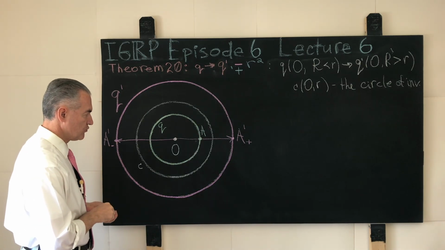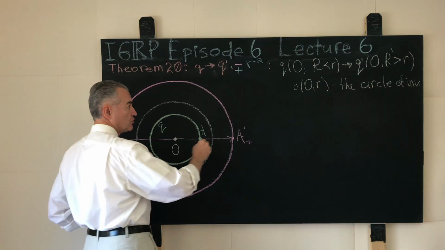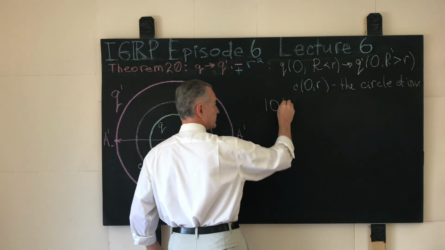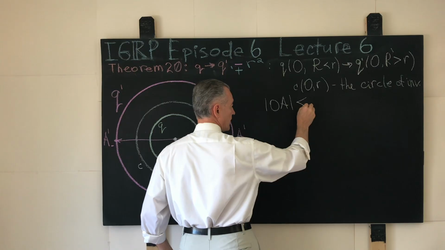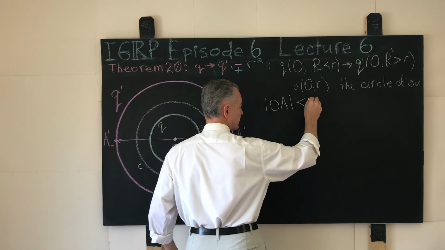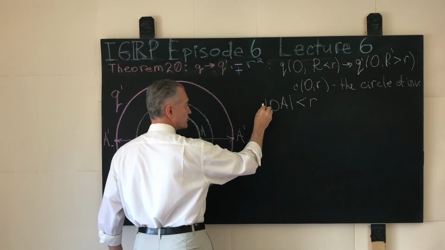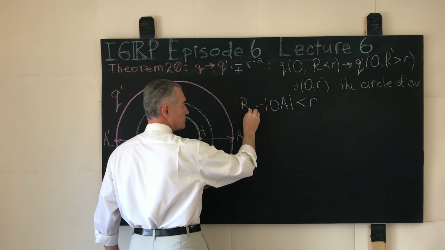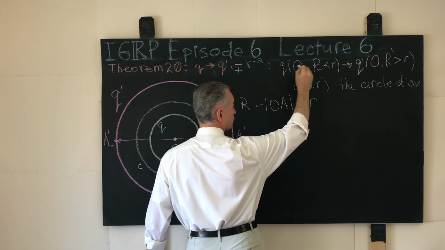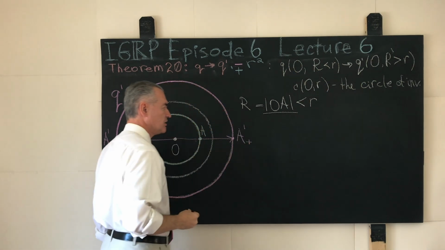Either way, what will we have for all of these points? Well, first of all, the distance from the center of inversion to the point A, OA, is strictly less than r, which is the radius of the circle Q, that distance right here.